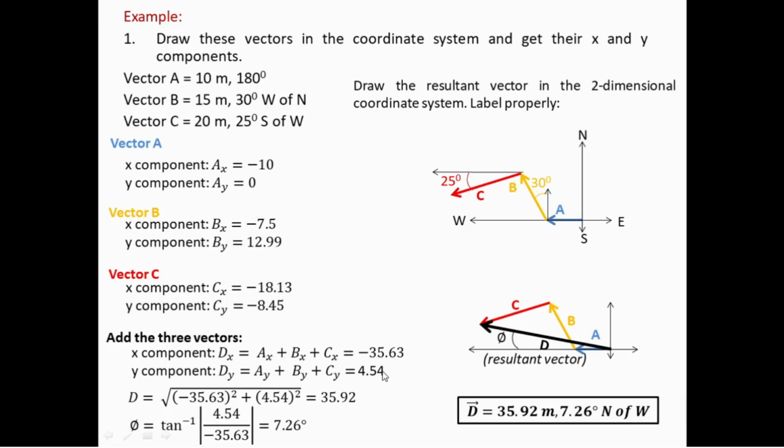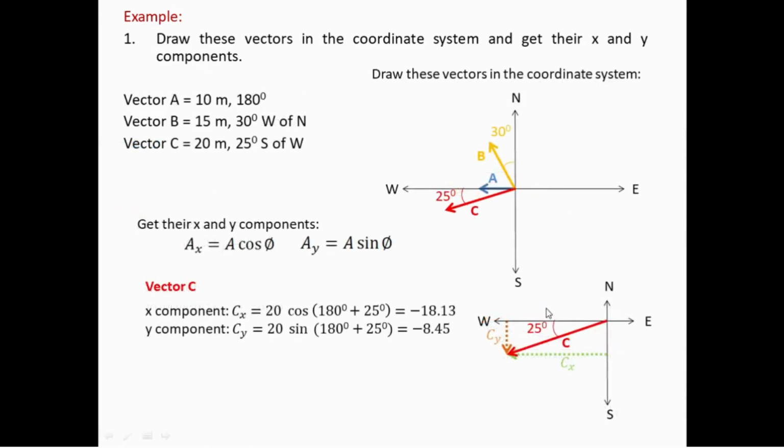So if you can notice here, the x component is negative, right? So it should be located in the left part of the Cartesian coordinate, while the y component is positive, which means that it should be in the upper portion of the Cartesian coordinate, which means that if the x component is negative and the y component is positive, your resultant vector is found in the second quadrant.